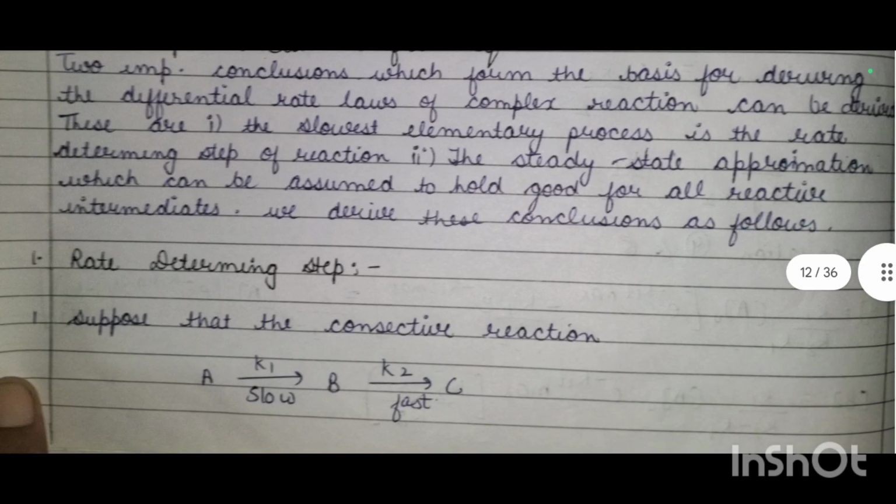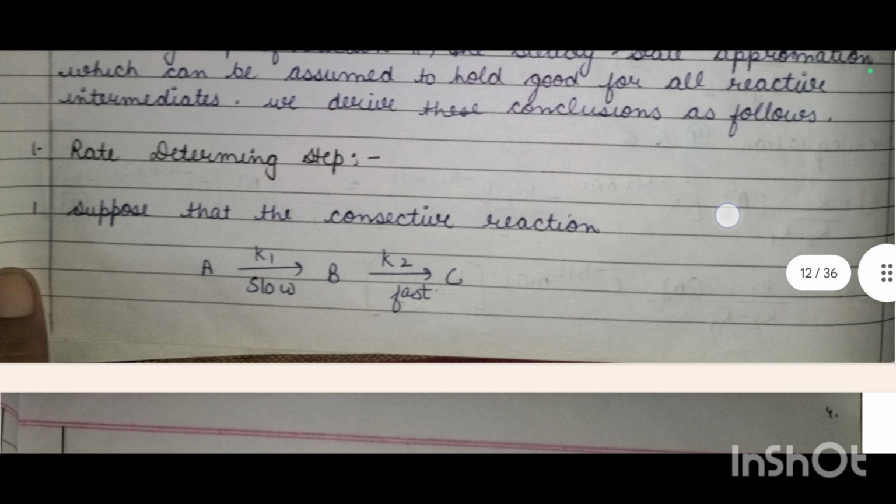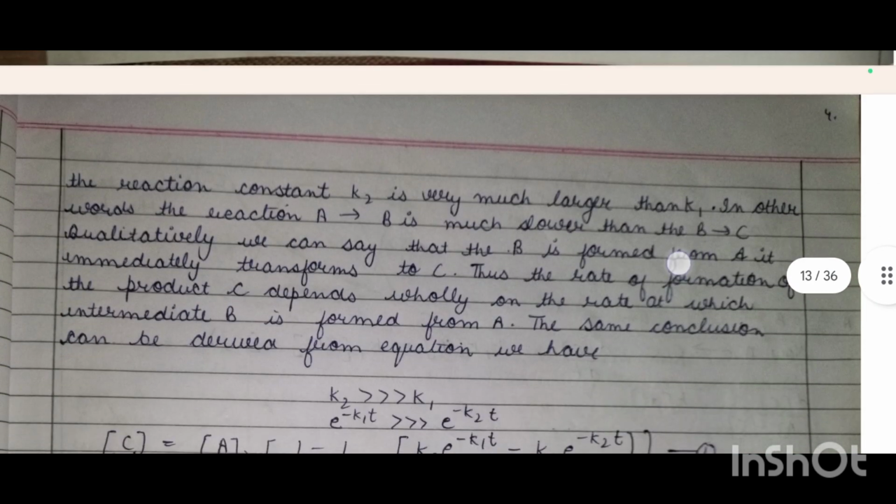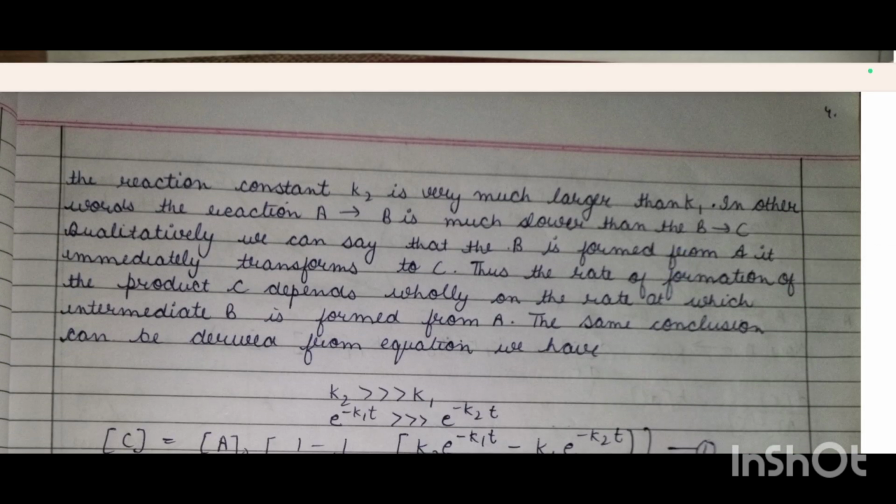Rate determining step. Suppose that the consecutive reaction A changes into B having rate constant K1, a slow reaction, and B changes into C having rate constant K2, a fast reaction. The rate constant K2 is much larger than K1.